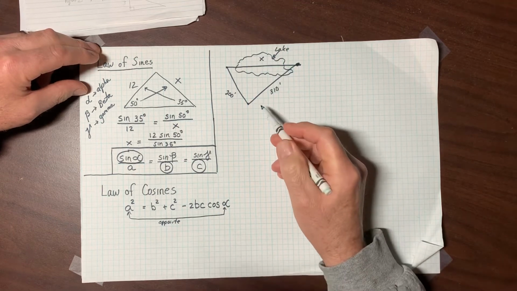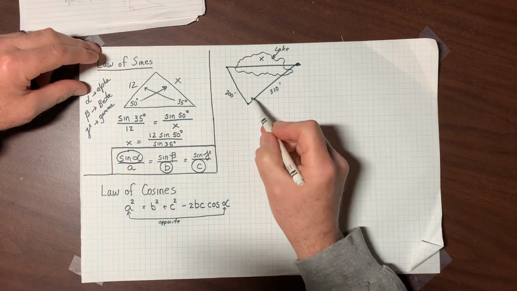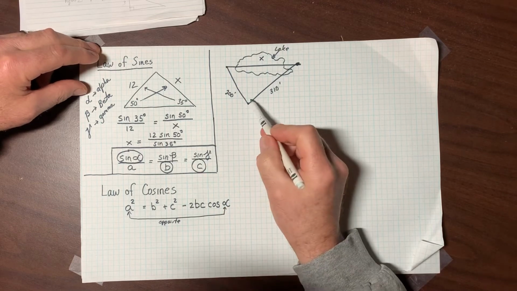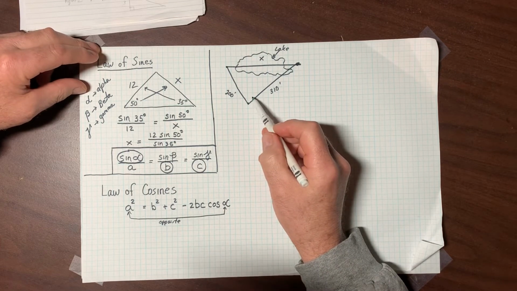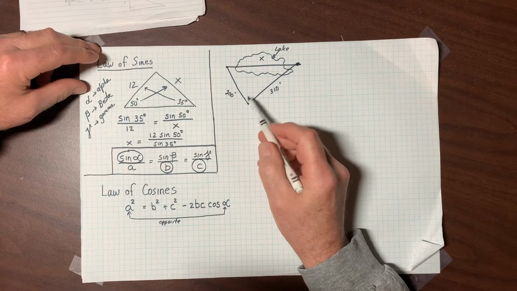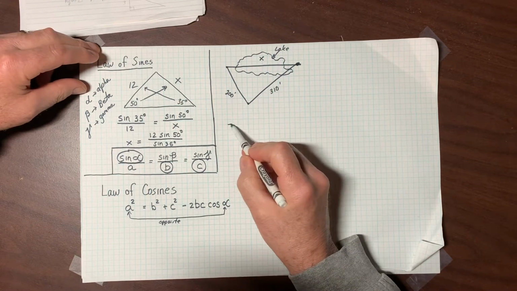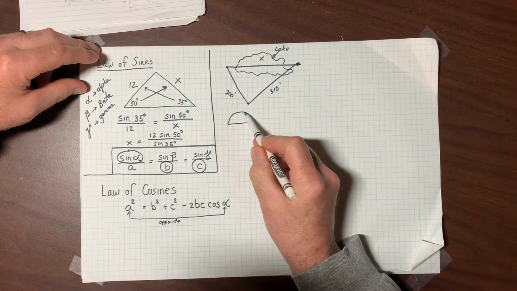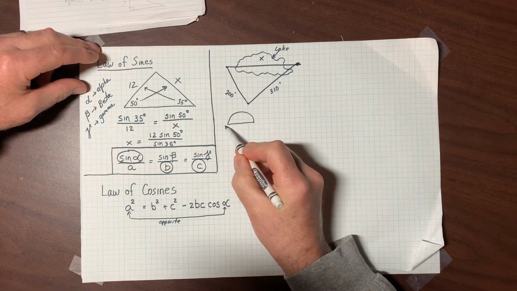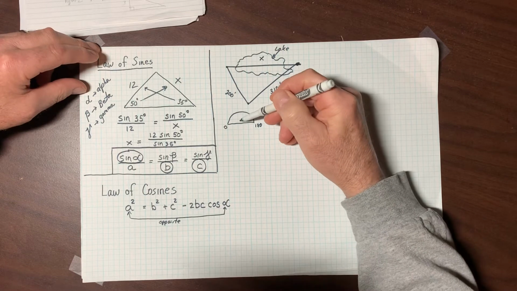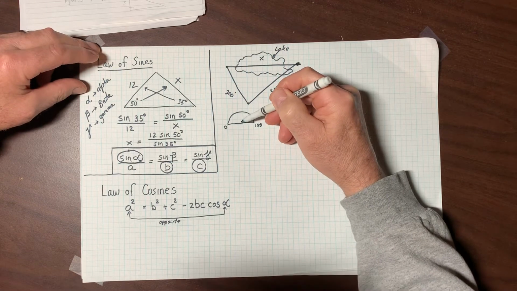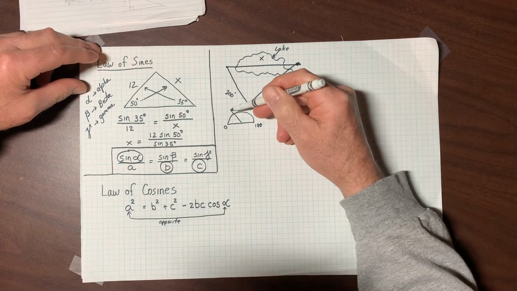Now, you have some implement that allows you to measure this angle right here. And there are such implements. If you use your imagination, you could imagine making such an instrument, and all you would need is a protractor. You guys know what a protractor is. A protractor goes from 0 to 180. And then you need some sort of instrument that you can sight through, some sort of tube, let's say.